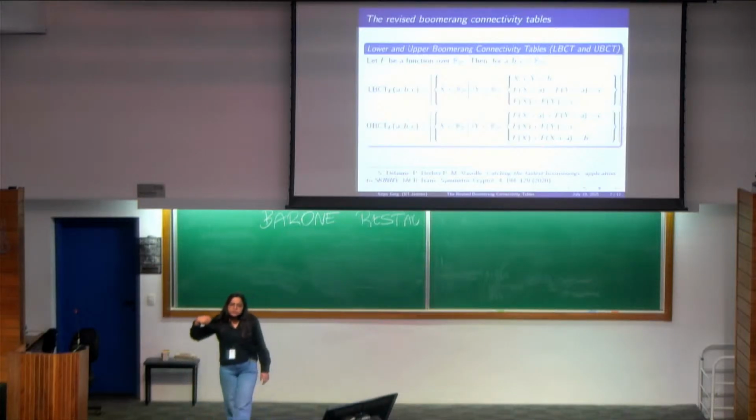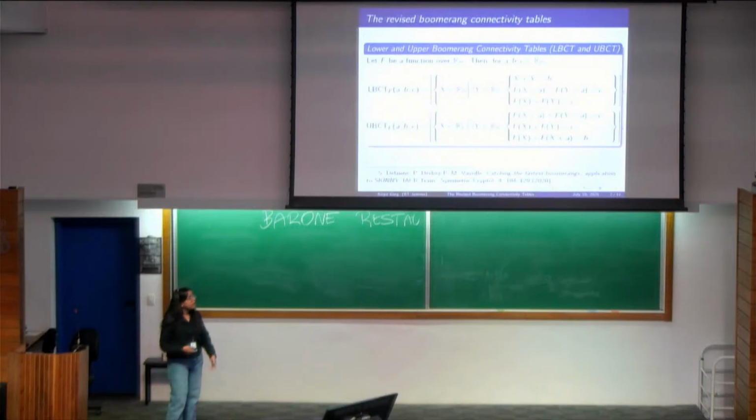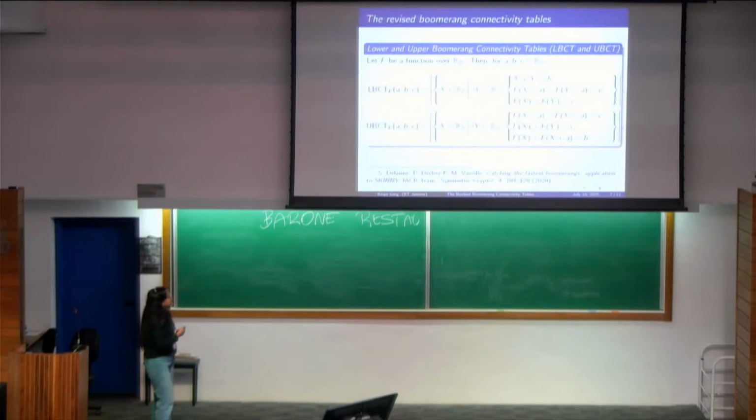Originally this definition was introduced for permutations, so we have generalized it to any function over a finite field. Similarly, we have the definition of the UBCT, where we are again counting the number of x in the finite field such that there exists at least one y so that all of these equations are satisfied. So this is how LBCT and UBCT are defined.